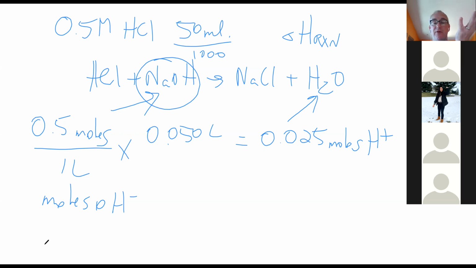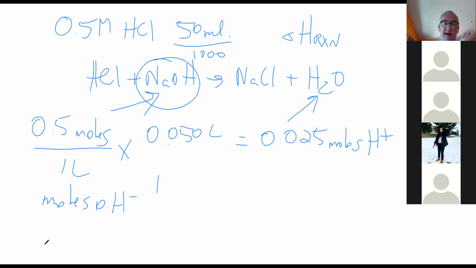So to figure out the number of moles of hydroxide ion, I need to figure out how many moles of sodium hydroxide I added. So what was the mass of the sodium hydroxide I added? Do you remember? 1.0 grams. Yes. So I added 1 gram, and I need to convert that to moles, just like we did the last time. How many moles of sodium hydroxide did I add?